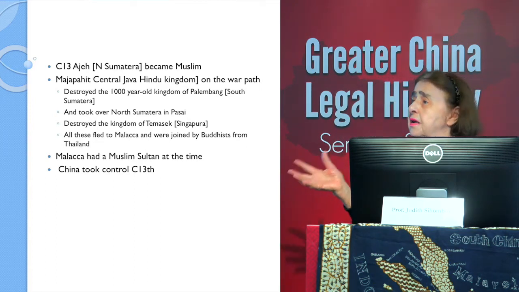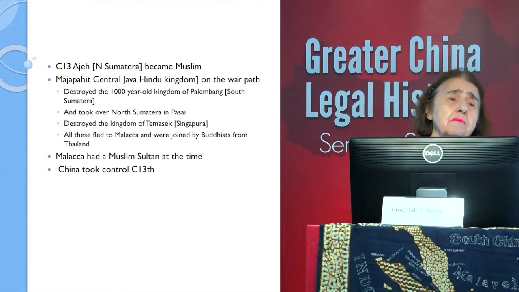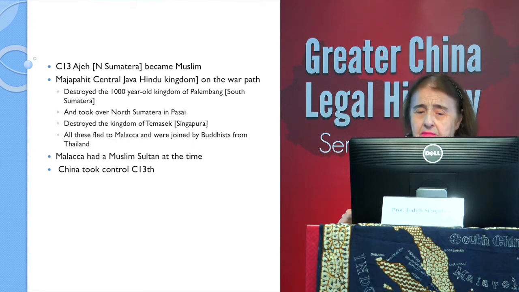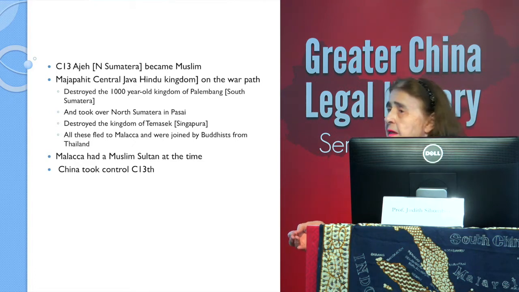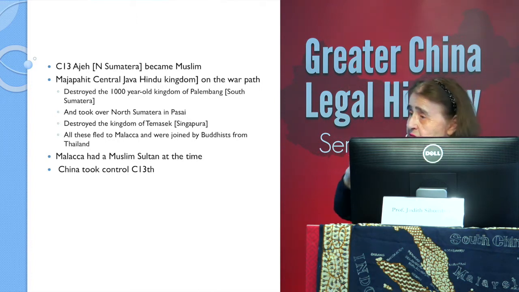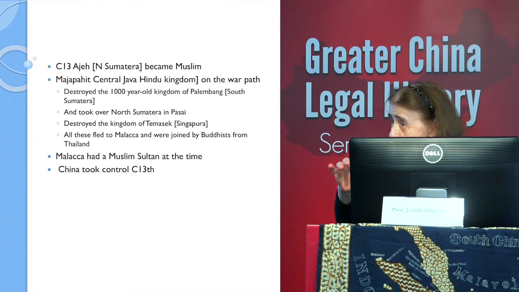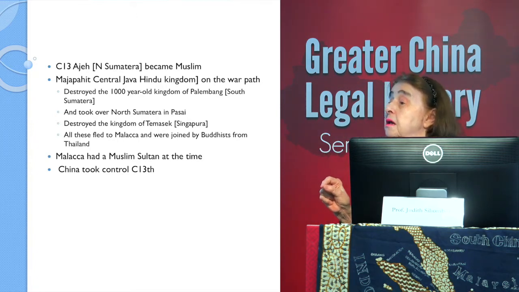So Majapahit, I told you they were bad chaps. They destroyed the Palembang Kingdom, a 1,000-year-old kingdom. They took over North Sumatra. They destroyed Temasek, the old Singapore. Now, Singapore was founded in 1819 by Raffles, and the British had stolen rubber plants from Brazil.